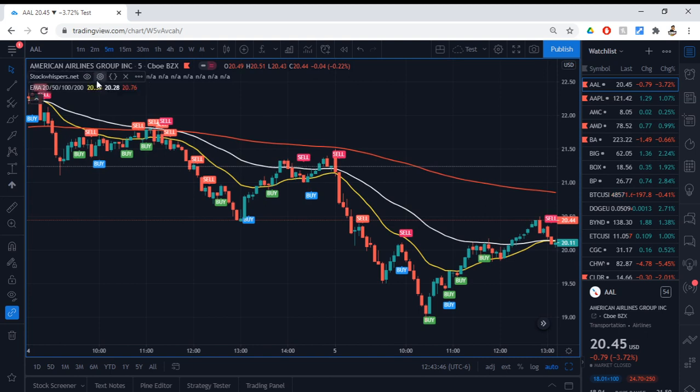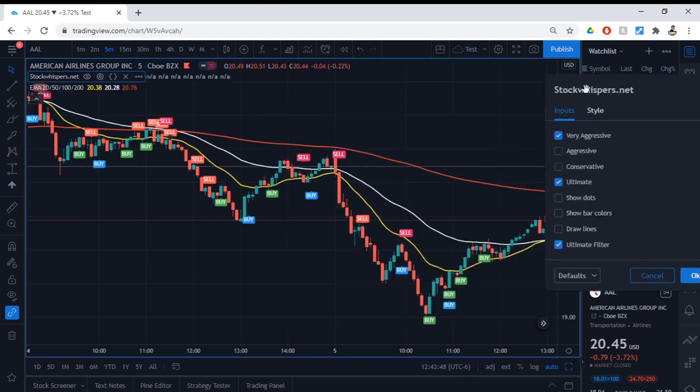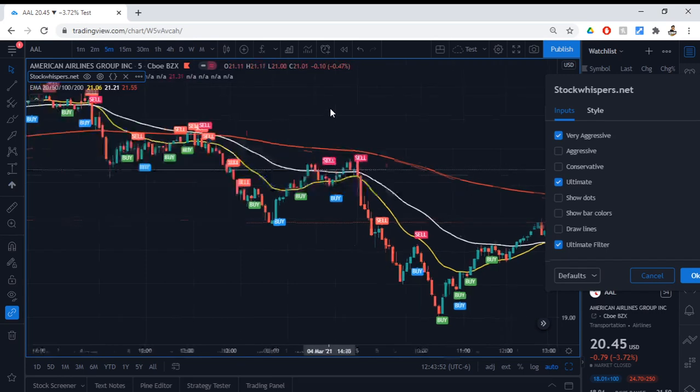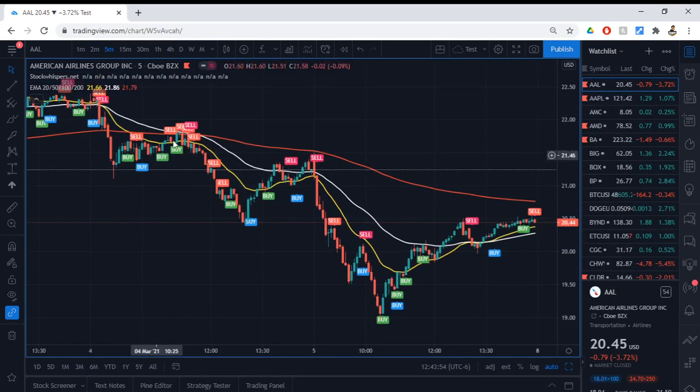I would say to look at both and see which one you're comfortable with. If you like both of them, then by all means use both of them, but change the colors so that you know which one is the ultimate and which one is the very aggressive.